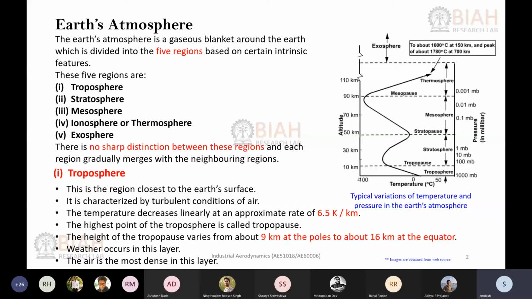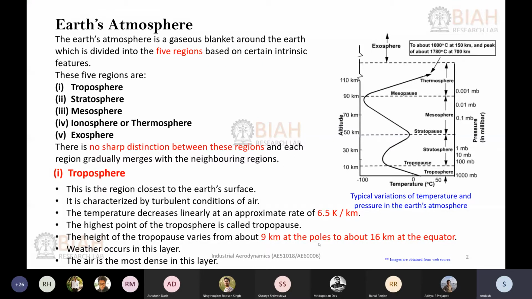The height or altitude up to which it extends is generally from 9 kilometers at the pole up to 16 kilometers at the equator. So this is not so high; you can see it is only up to about 10 kilometers. There is no sharp distinction between these regions, so qualitatively we say it ranges in this range.